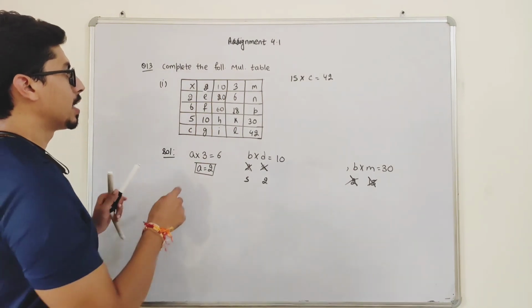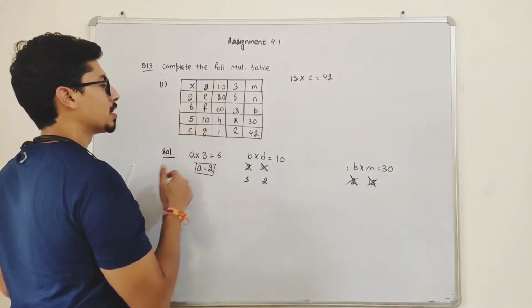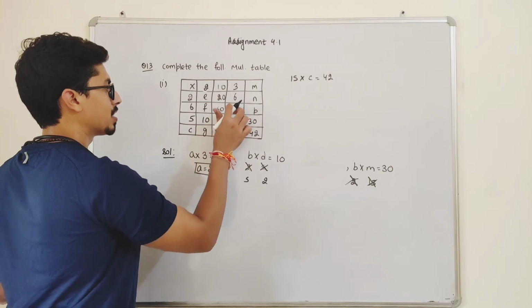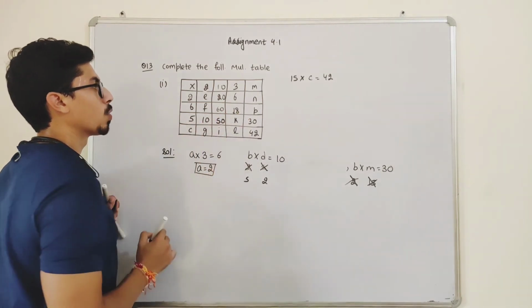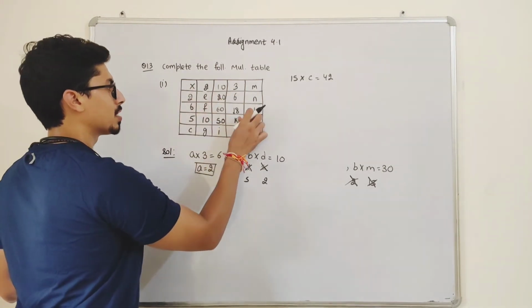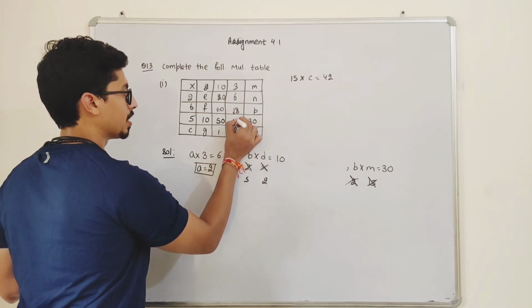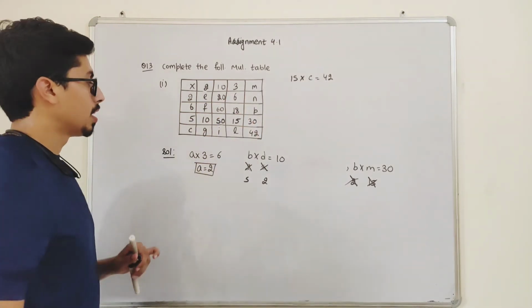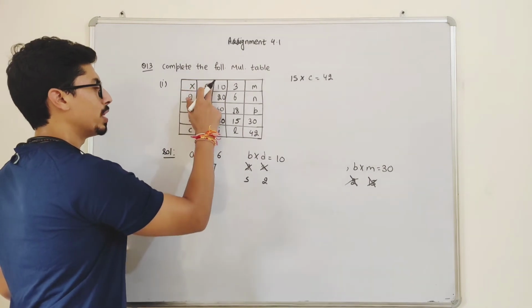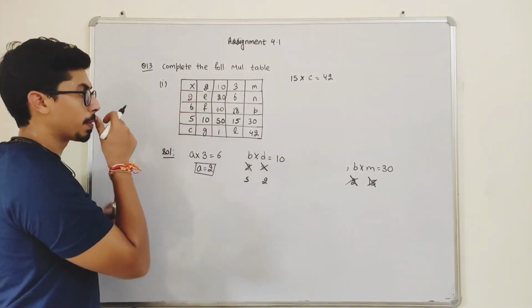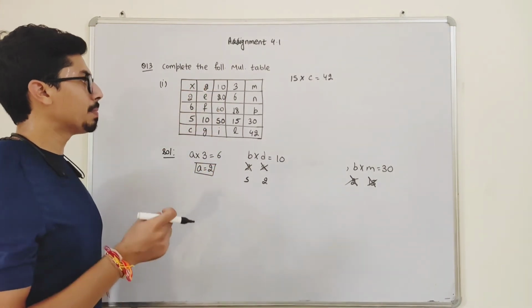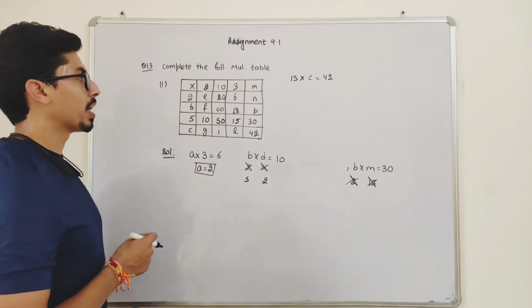Okay. Now students, 5 into 10 is 50. Okay. 5 into 3 is 15. Now C into 2 is, I don't know, because here it is given that it is G and I don't know the value of G. Okay.